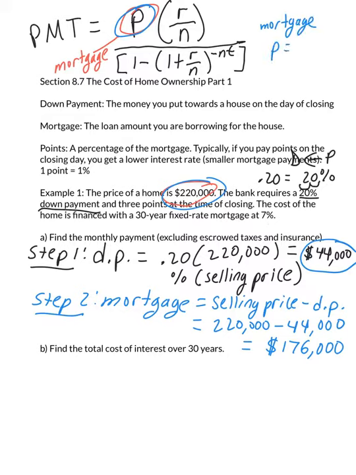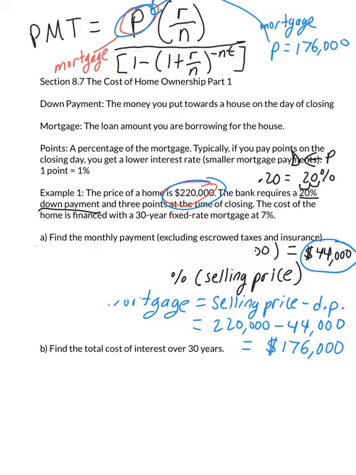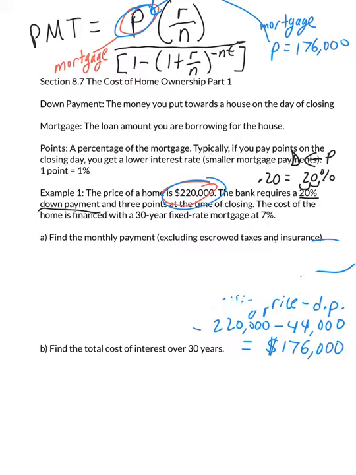The mortgage P equals $176,000, how much we borrowed, and that way we can plug it right into that formula. And erasing to create some space.